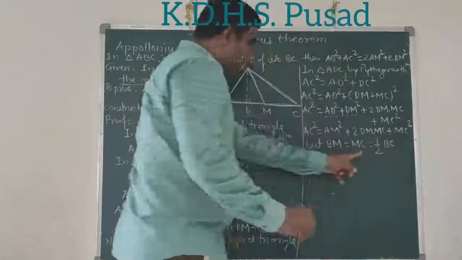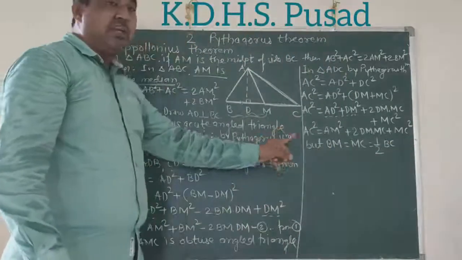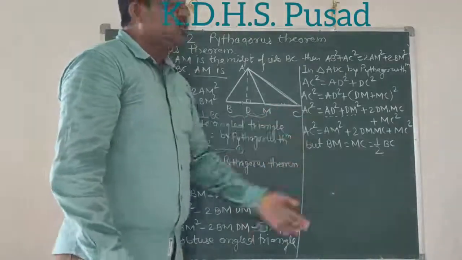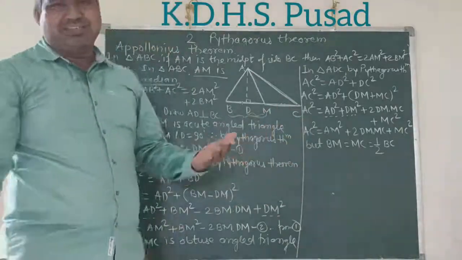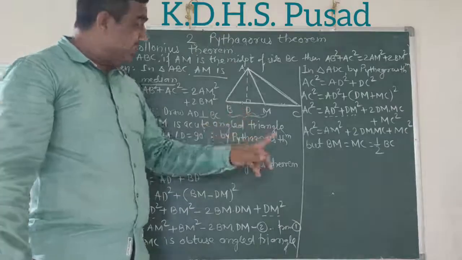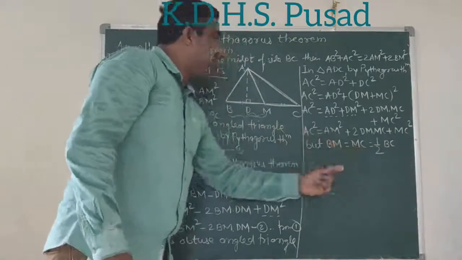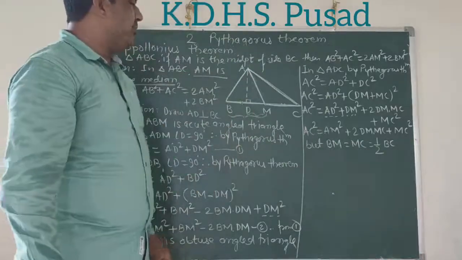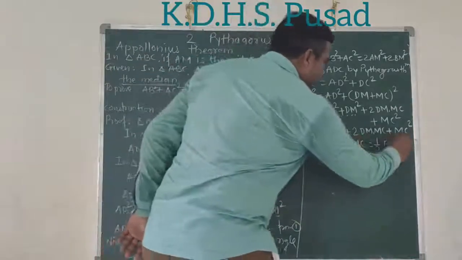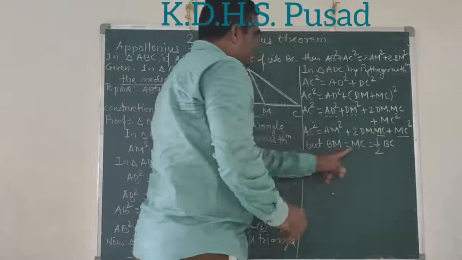Purposefully I am using this, because in exercise 2.2, maybe question number 6 or 7, you have to use this portion. So instead of MC, we write BM.